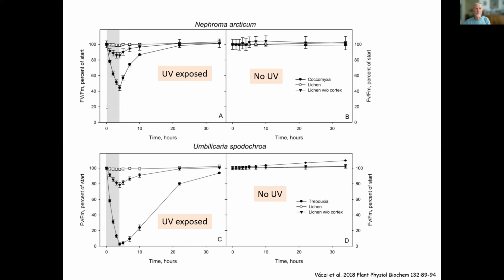We exposed them to UVB for 4 hours and measured photosystem 2 efficiency during these 4 hours. For the intact thalli, as expected, there was no decrease in FV/FM. For the exposed photobiont layer there was some decrease in FV/FM, whereas for isolated photobionts, photosystem 2 efficiency was highly reduced.